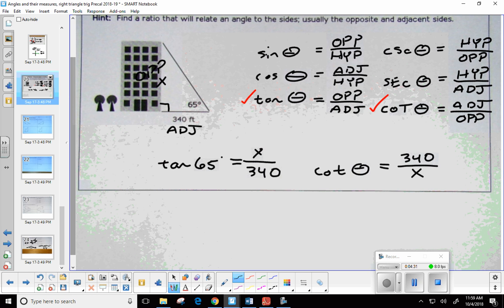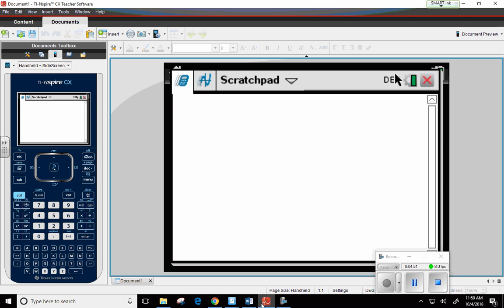Either one of those will give you the exact same answer. Which one do we prefer to solve? Yeah, the tangent one. We like to see those where the unknown is in the numerator, because all I've got to do now is multiply through by 340. Makes it really easy. So let's say 340 times the tangent of 65.